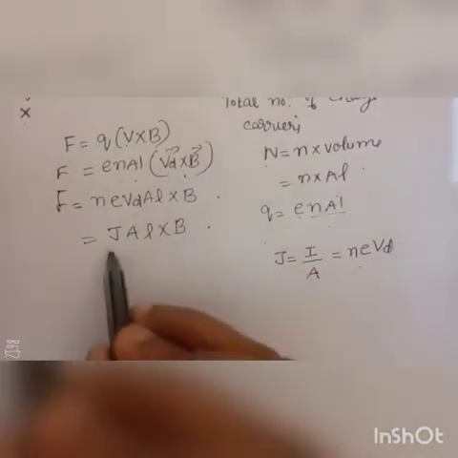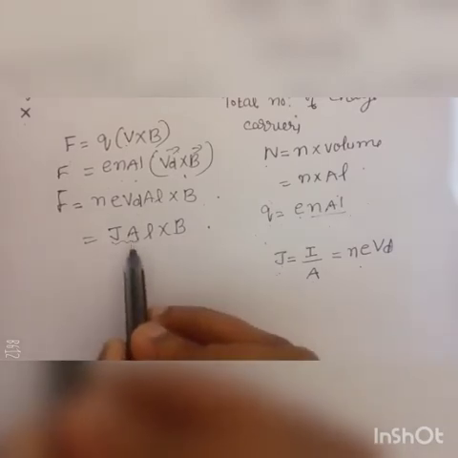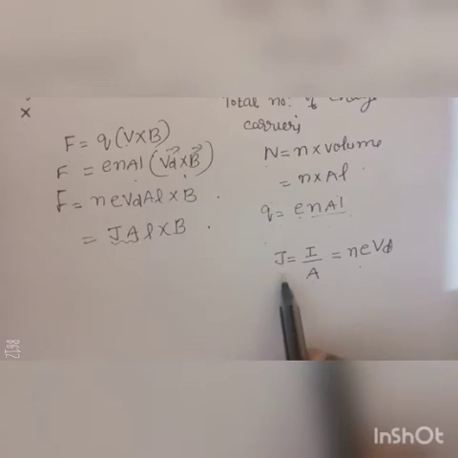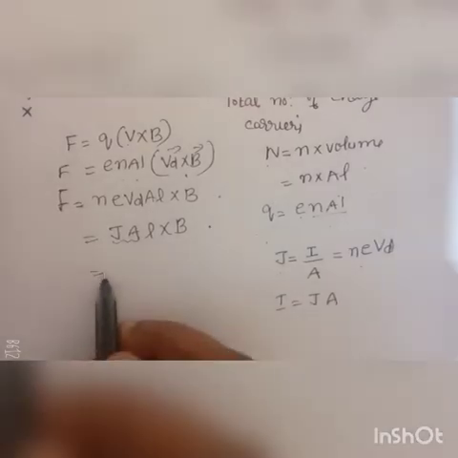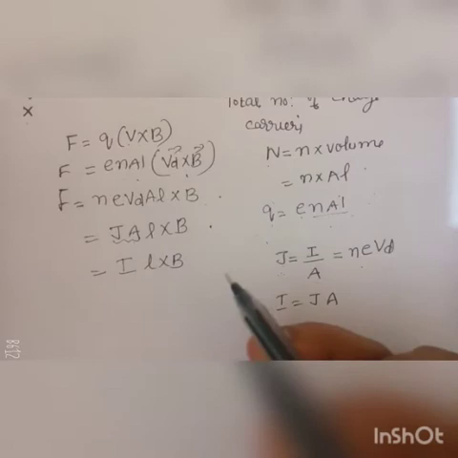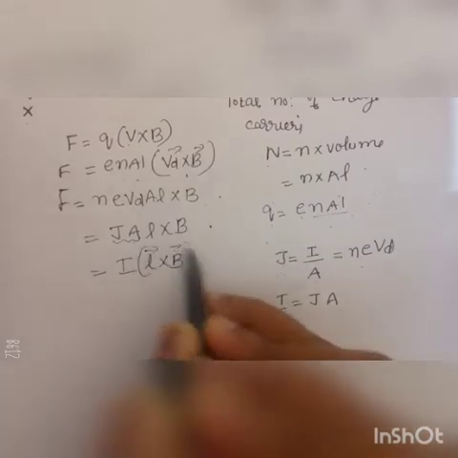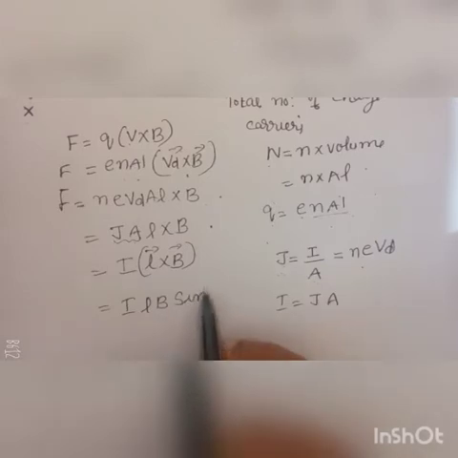What is J into A? J into A means I. J is equal to I by A, so I is equal to J into A. So this is equal to I into L cross B, which is equal to I L B sin theta.